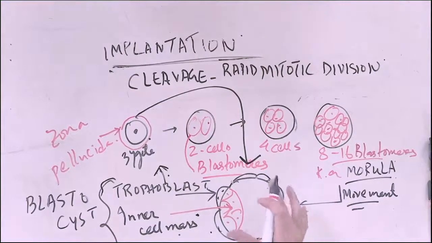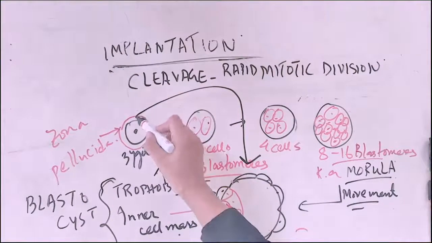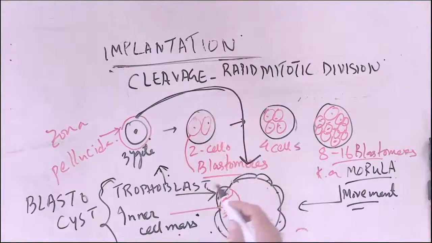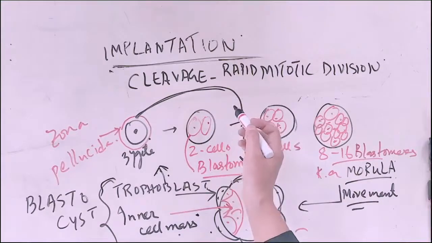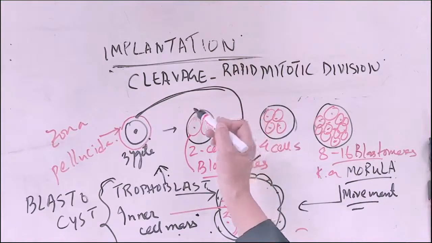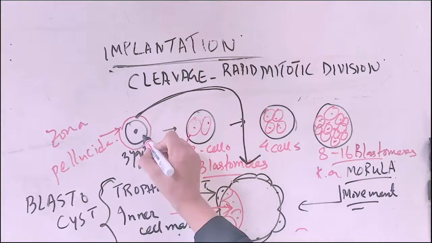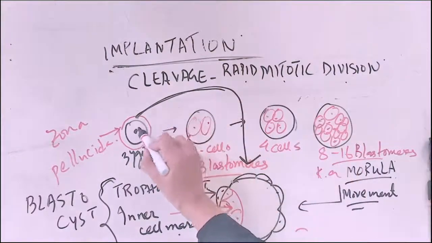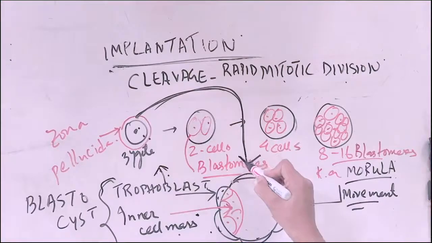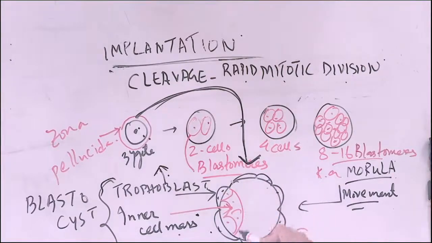So it is rapid mitotic divisions which convert the single cell zygote to a multicellular structure known as blastocyst.